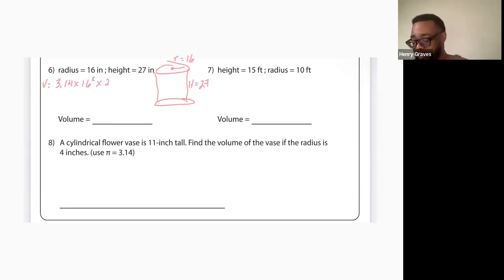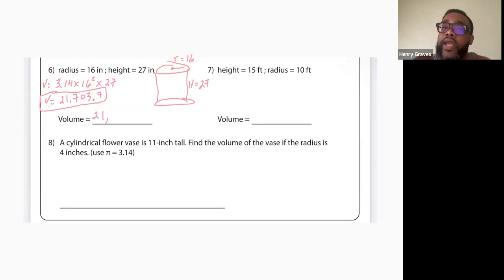And my calculator gives me 21,703.7. And my units are inches to the third power. There we go.